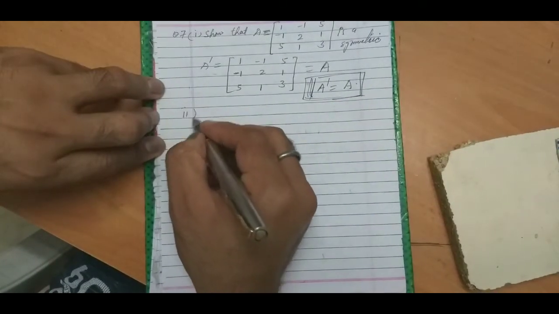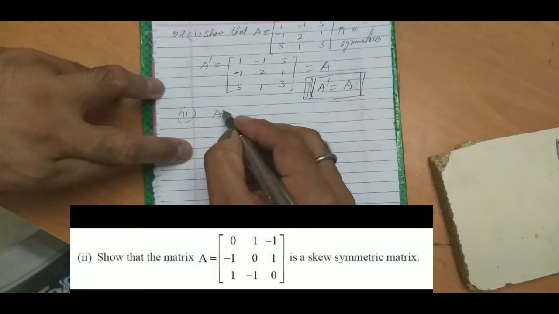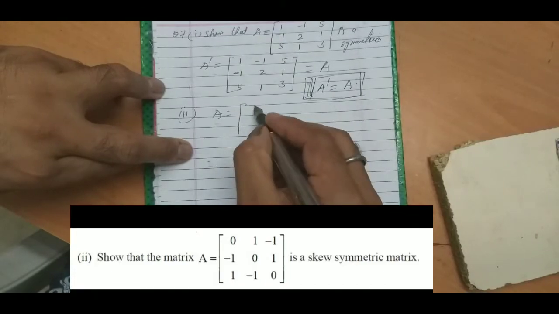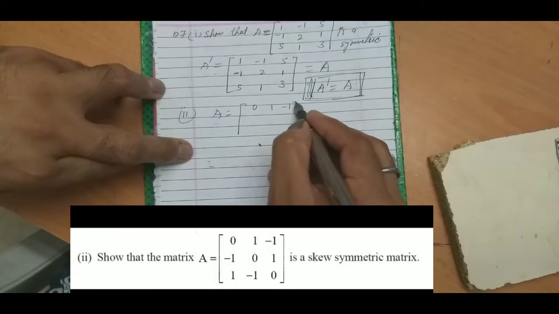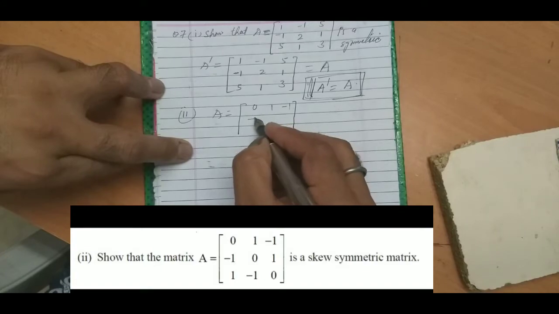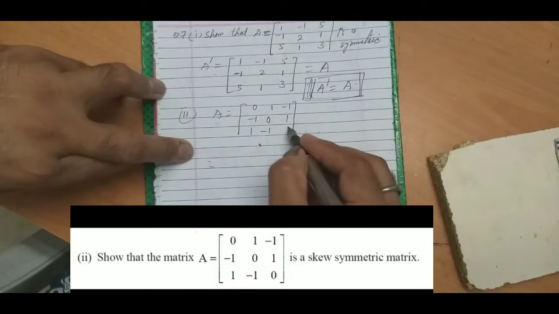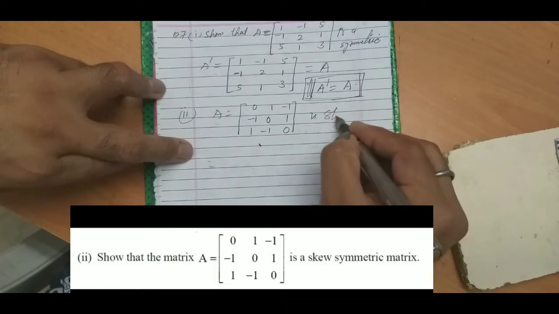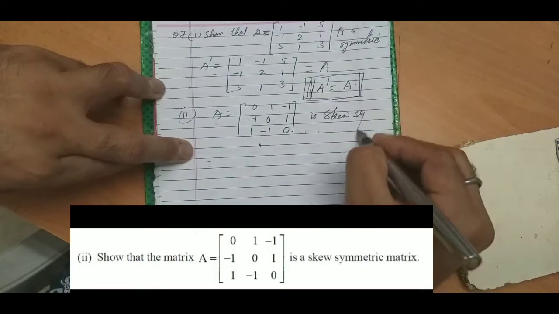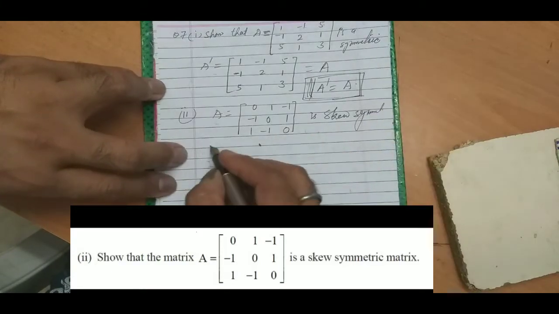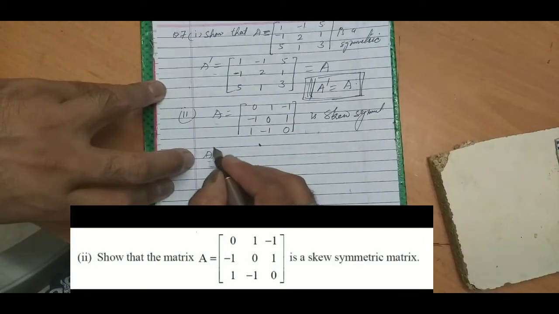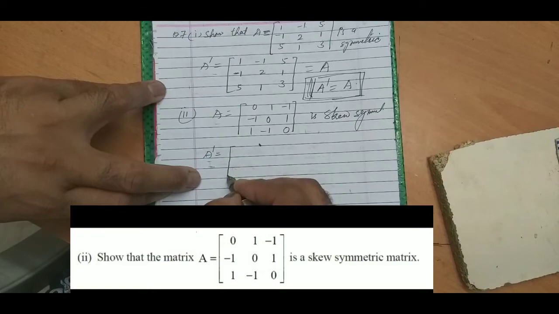Second part is, show that the matrix A, 0 1 minus 1, minus 1 0 plus 1, and 1 minus 1 0 is skew symmetric. Skew symmetric, that means now you have to take the transpose first and then take minus common.